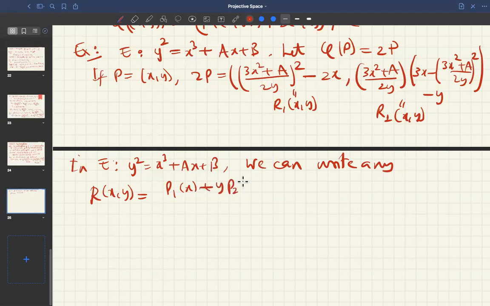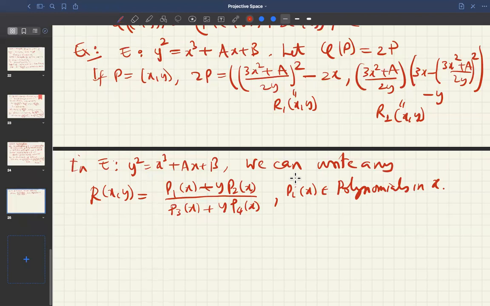over p3(x) plus y p4(x). The p_i(x) are polynomials in x.